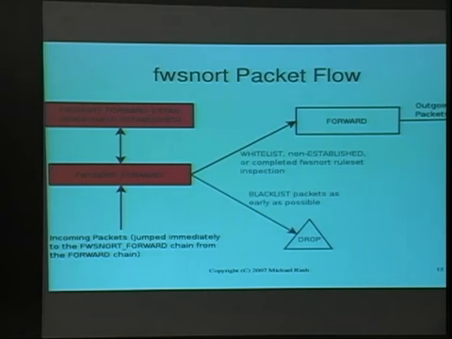If you've defined a class of traffic that needs to never be messed with or even inspected by FWSnort, the packet is hit against the return target, and so it's returned back into the forward chain for further processing for whatever rules you already have there. If the packet doesn't qualify as belonging to a whitelist, a blacklist comparison is done. So if you define this IP address to be something you never want to be able to communicate through your system, it is dropped immediately and no further processing is taken.